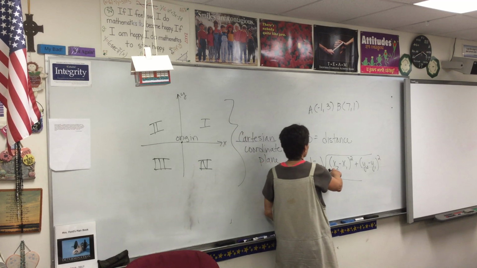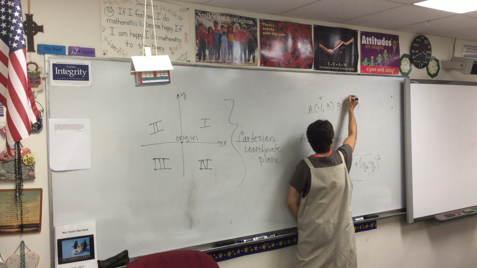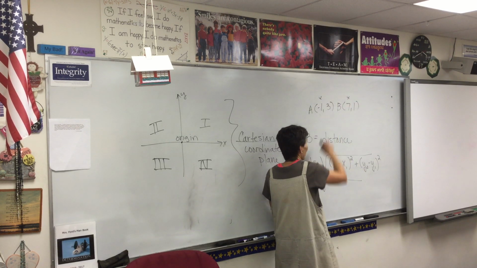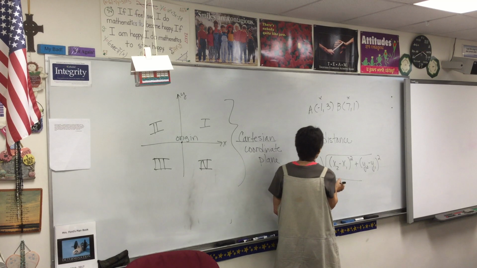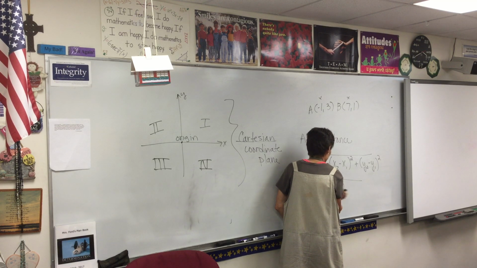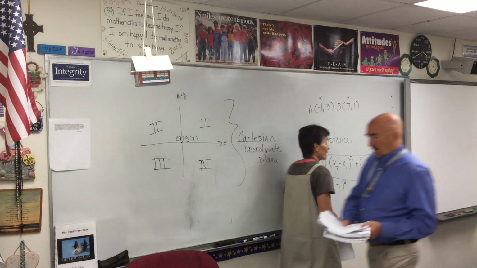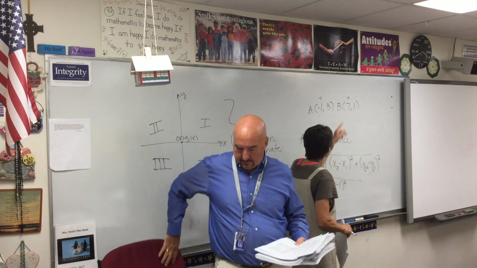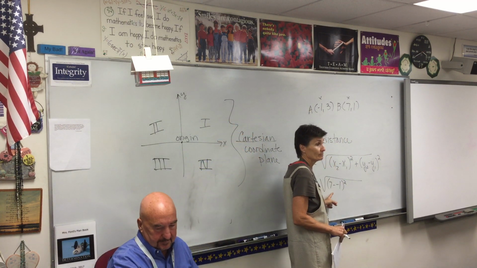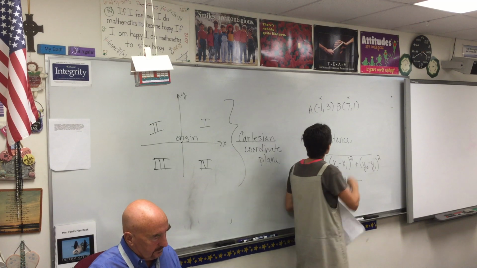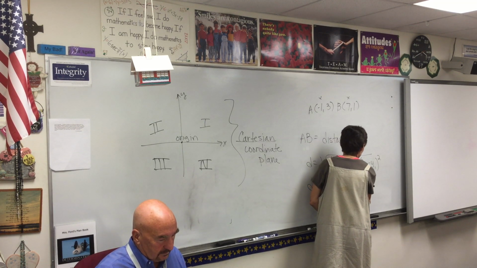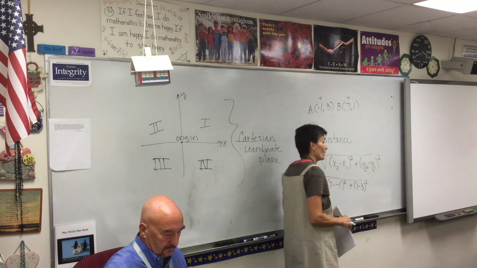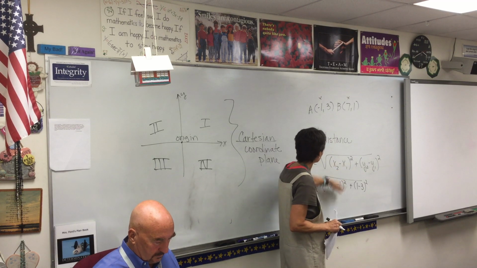So this tells me to take my x's, these are my x's, and subtract them. So 7 minus negative 1. And I'm going to square that. So I got to do my arithmetic carefully. 7 minus negative 1, and then square that. So everybody see how I did that?